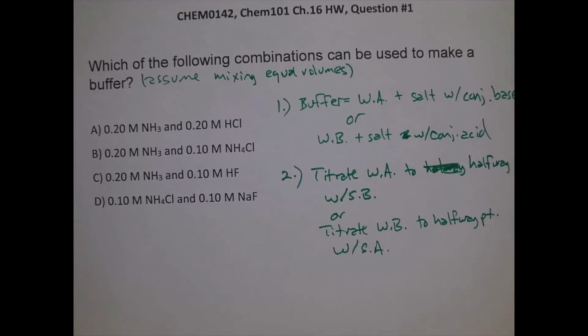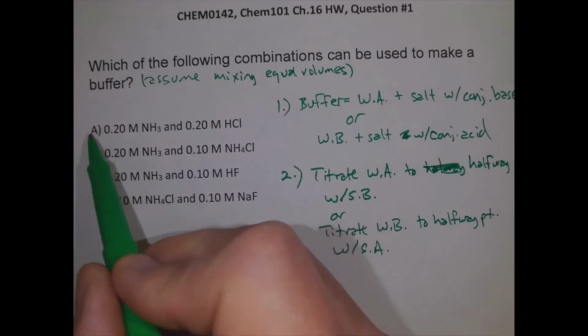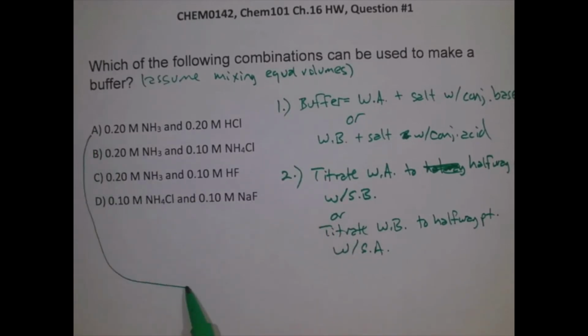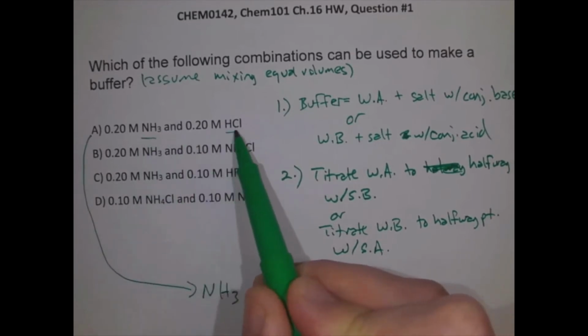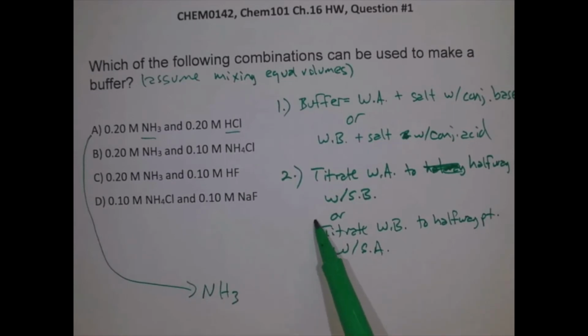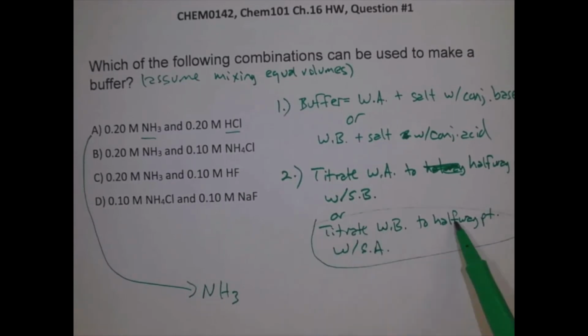One important thing to notice is in option A down here. If we add ammonia with some strong acid, that's what we're doing right here, we're titrating this weak base, but we're not going to titrate it to the halfway point. We're going to titrate it all the way to the equivalence point.